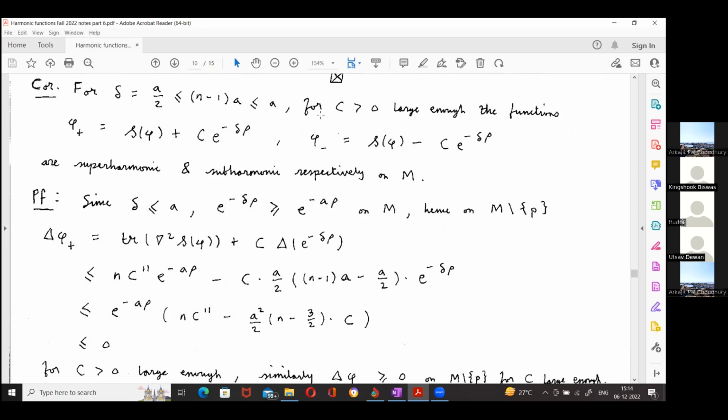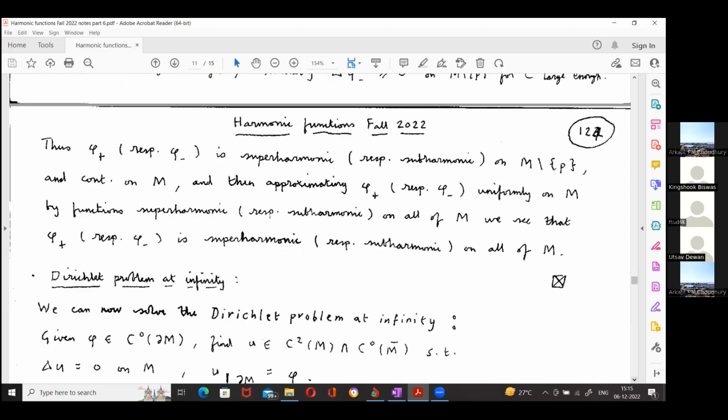So that means phi plus and phi minus, both of these have the same boundary value phi. But one is superharmonic and the other is subharmonic. Well, that will tell us that we can now use the Perron method. We can use these functions as barriers in the Perron method to solve the Dirichlet problem.